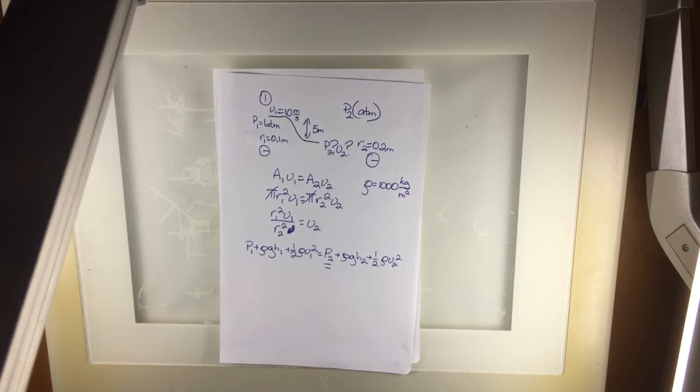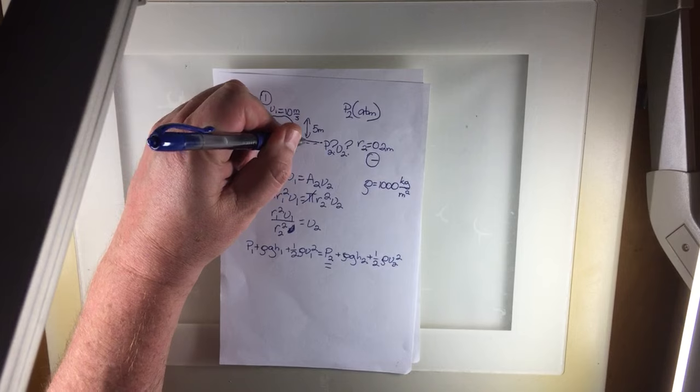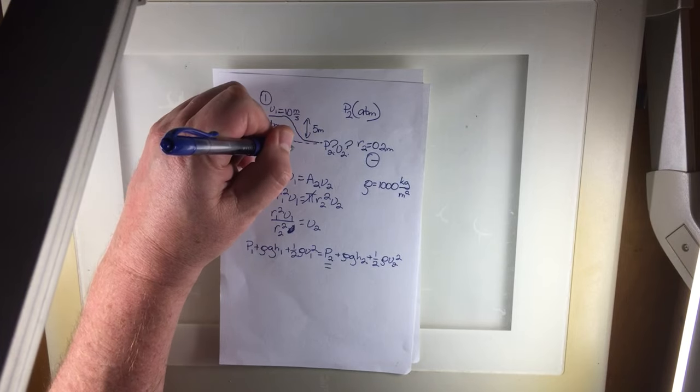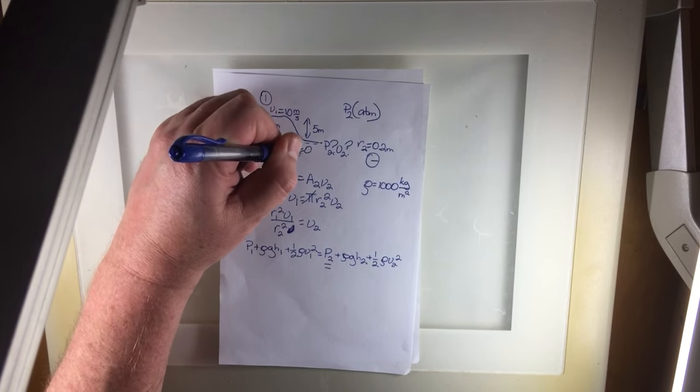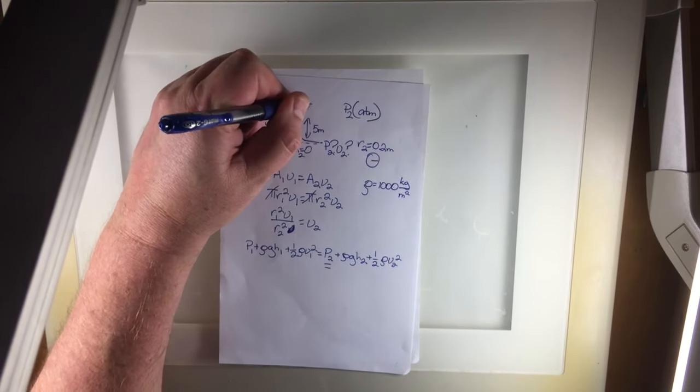Now, for something like this, you need to figure out where your zeros are. I'm going to set the lowest point to have a height of 0. So H2 is equal to 0 and H1 is equal to 5.